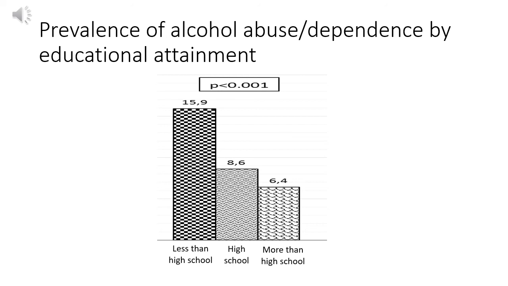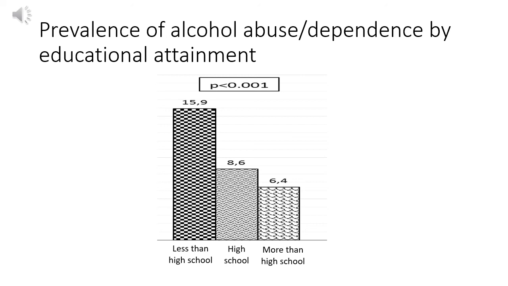Even though cross-sectional studies are best to study prevalence and are not the most appropriate design to assess an association between exposure and outcome, they already can suggest a relationship between two variables. Here we can see the prevalence of alcohol use disorders stratified according to educational attainment.